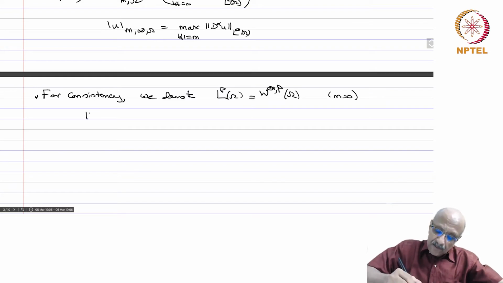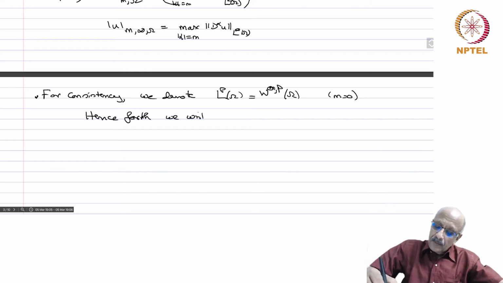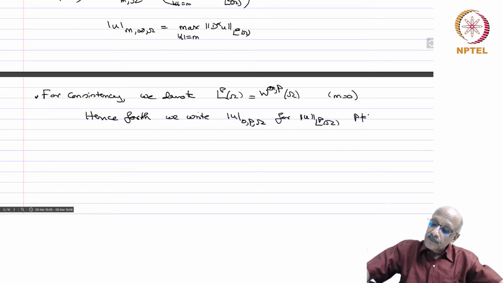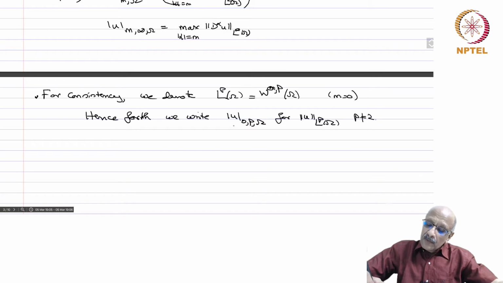So henceforth we write |u|_{0,p,Ω} for ‖u‖ in L^p(Ω), p not equal to 2, because |u| and ‖u‖ are one and the same, because that is the highest order you are anyway taking, and therefore whether it's |u| or ‖u‖ it doesn't matter.